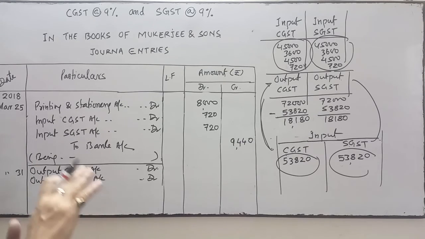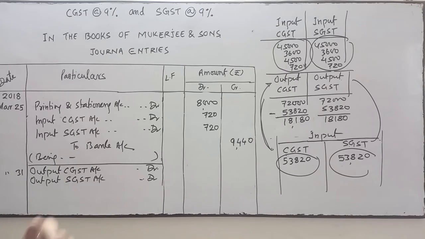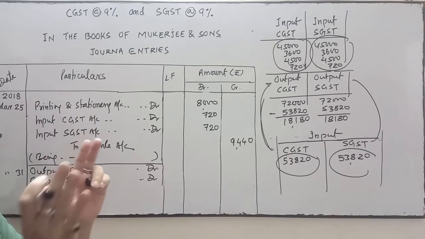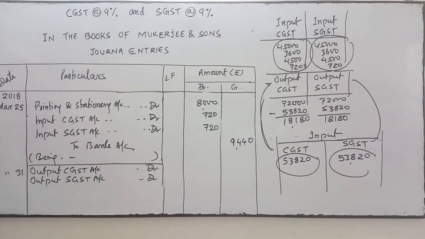At the time of sales, this account was credited. Now here we are going to do the adjustment. The input GST will be adjusted with the output GST.